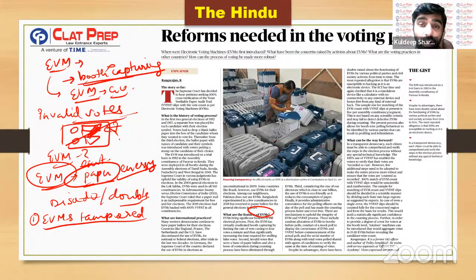However, one thing you should know is that the Election Commission of India, last time in the 2019 election, gave an open challenge to political parties to come to the Election Commission of India and prove that these can be tampered with. And none of the political parties was able to prove it.